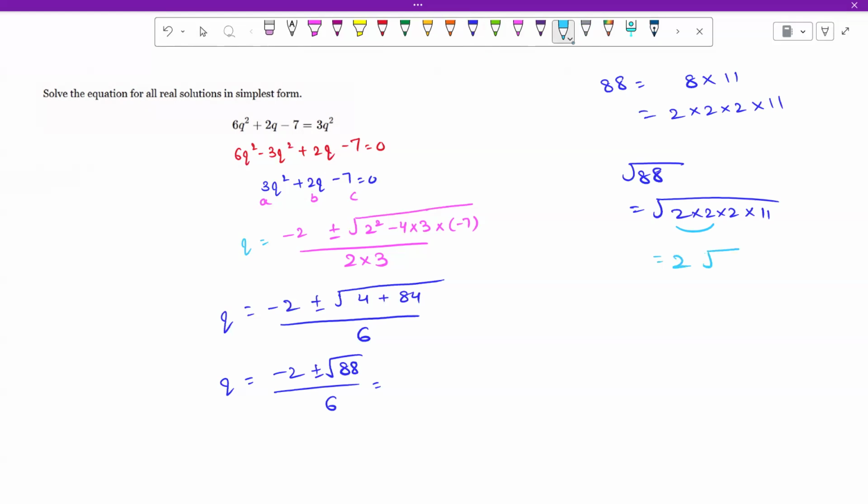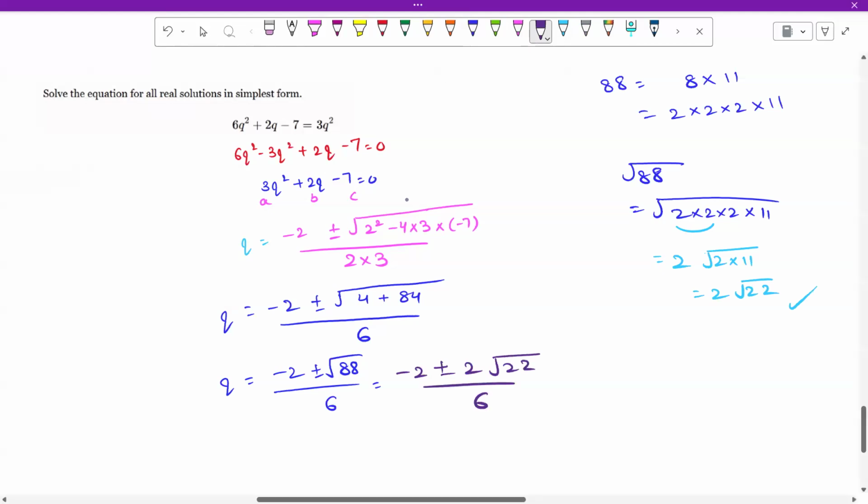So root 2, 2 times 11, that means 2 root 22. Any question here? Okay. So instead of root 88, we can also write it as plus minus 2 root 22 over 6.